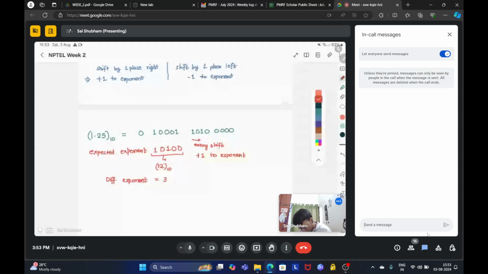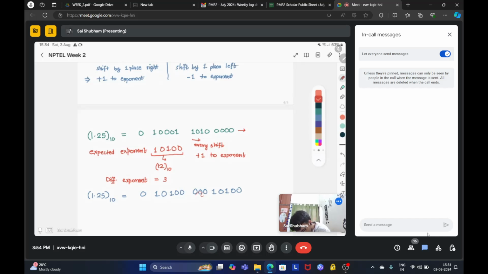So we need to shift the mantissa 3 places towards the right. It will look something like this.